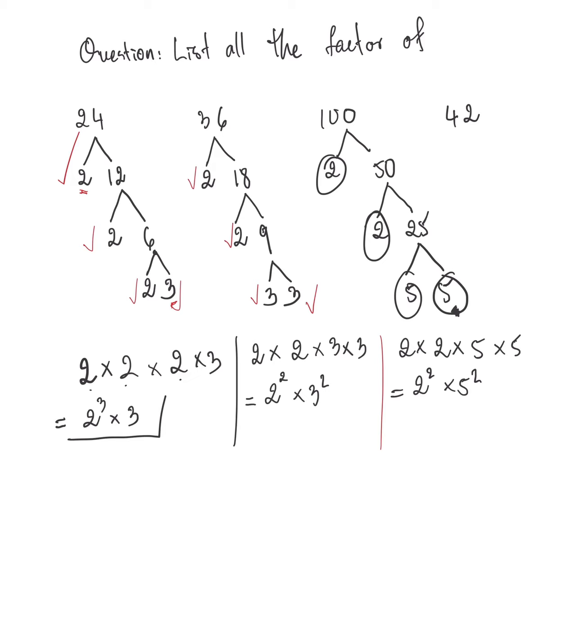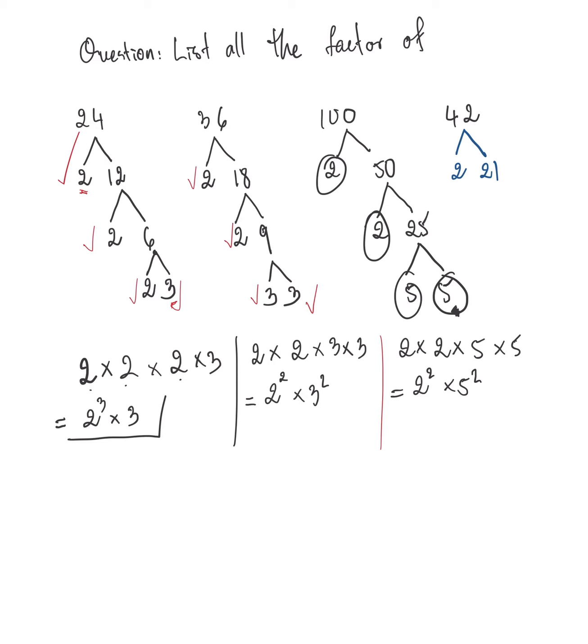Okay, let's go to the last example. I'm going to choose the green color, since it looks like the space is already small. Now let's say 42. The product to get 42 is 2 and 21.